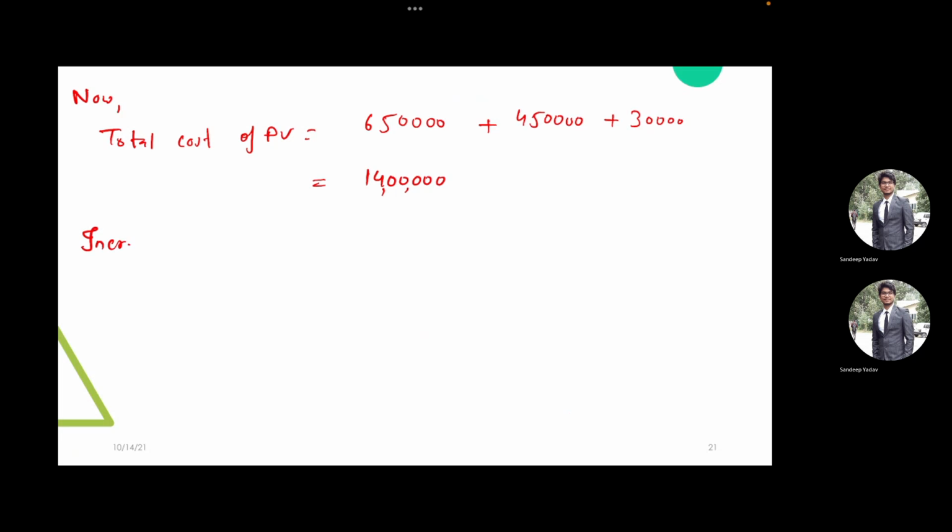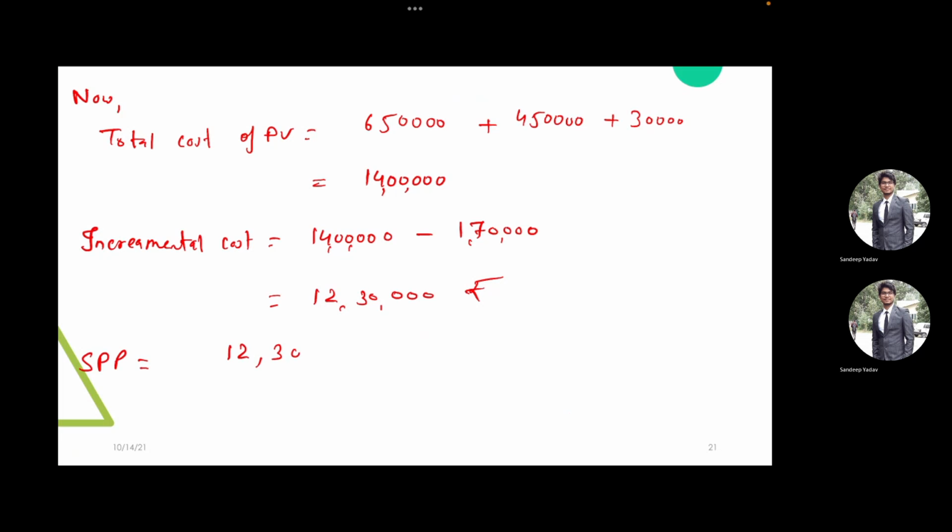Now the incremental cost is how much more money we are investing than the diesel engine. Diesel engine is costing only 1 lakh 70,000 rupees, so 14 lakh minus 1 lakh 70,000. Incremental cost is 12 lakh 30,000 rupees. So we can calculate the simple payback period for that incremental cost.